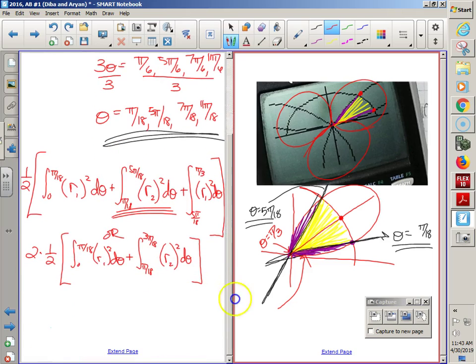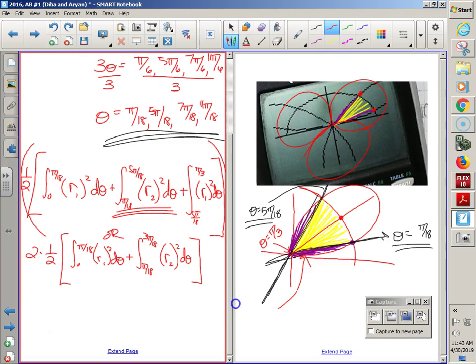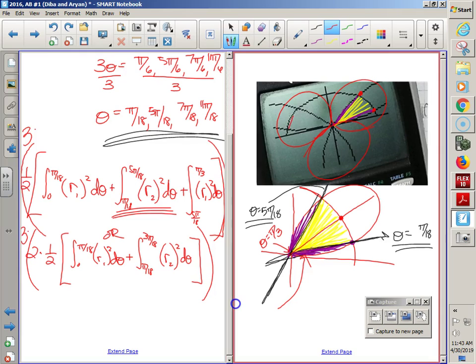So when we found this, this was only for one petal. If I wanted it for the entire region, I would need to multiply this by 3 to get the 3 regions that are common to all.